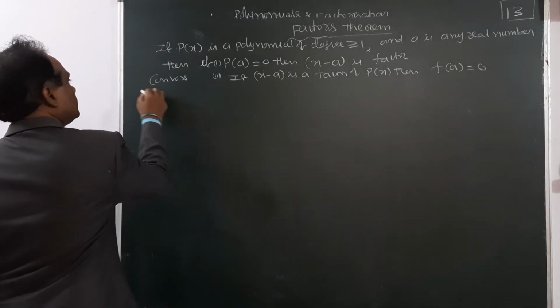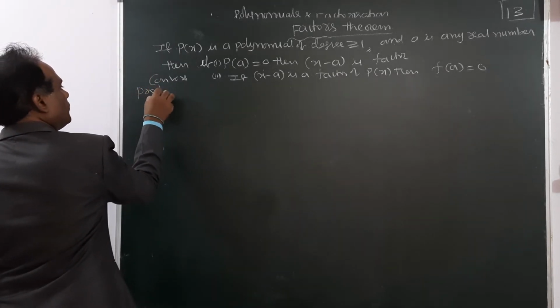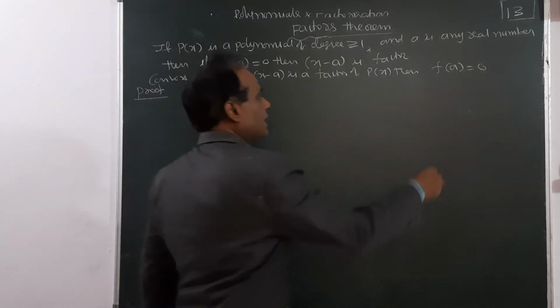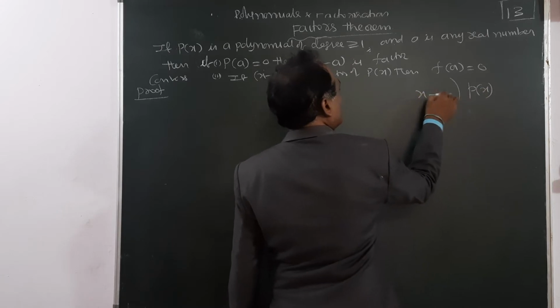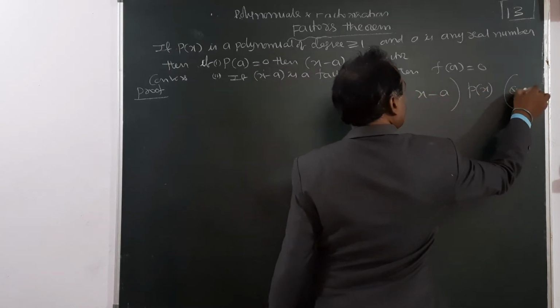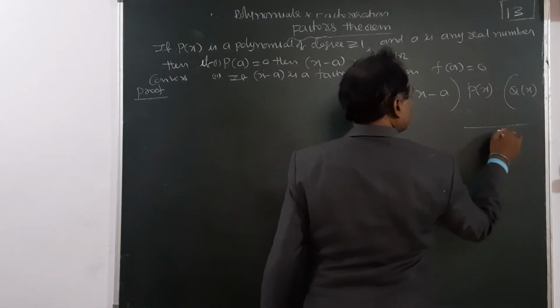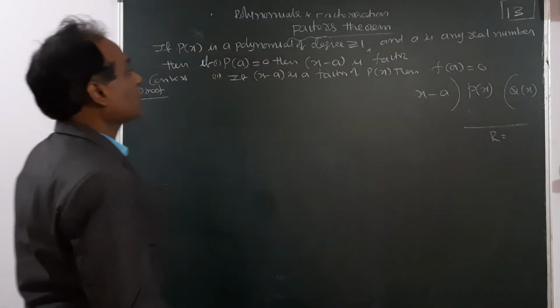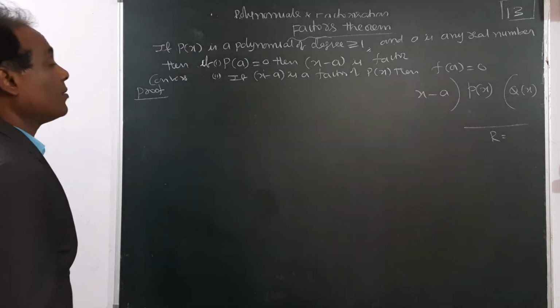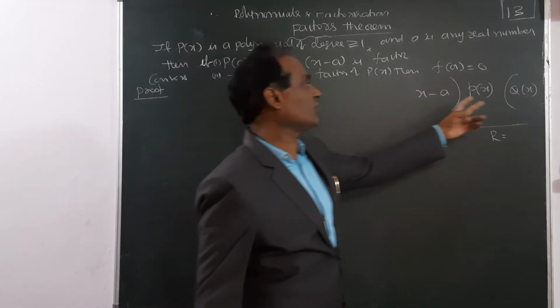See here, a simple proof. What happened here? p of x is divided by x minus a. Then we will get a quotient and a remainder.